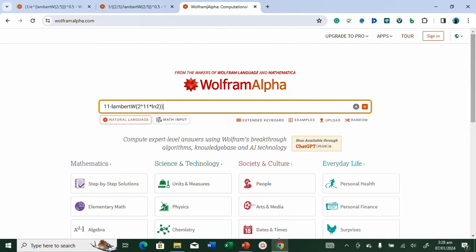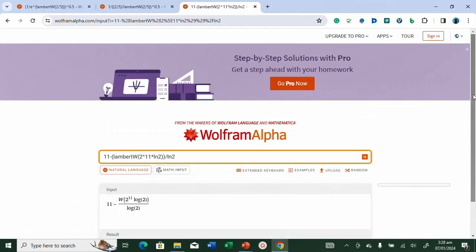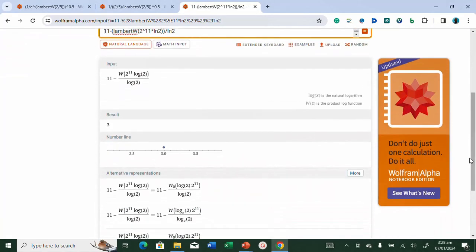Now I need to just include a bracket here. Divide by natural log 2. Now just click calculate. Let's look at what we got. So from the whole answer, you see we got 3. So it's the same thing. Just the same thing.